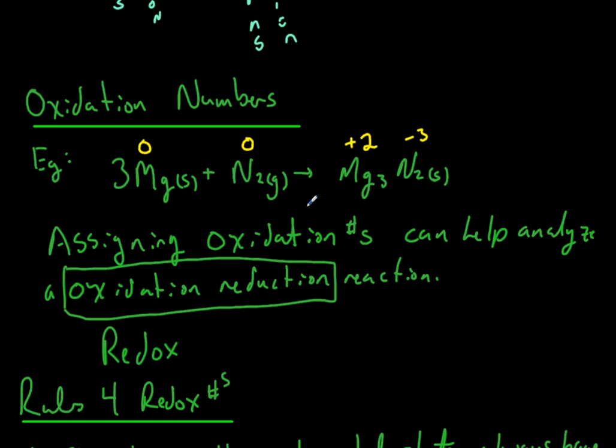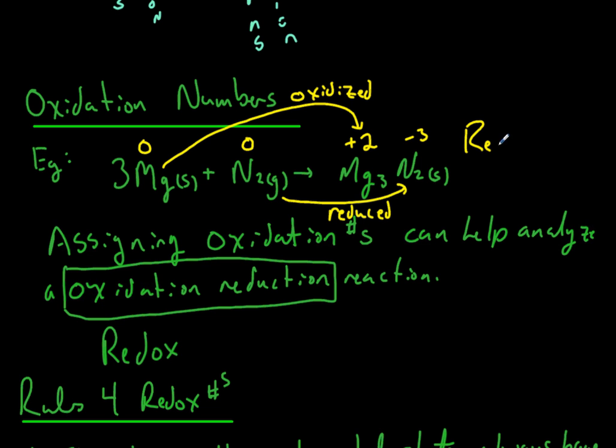So we would say that it was what? Right. This was reduced, or reduction is what happened. And this guy's oxidation number went from 0 to +2, so it was oxidized. Okay. So this is also redox, even though oxygen is not involved. Okay. So we'll stop there.